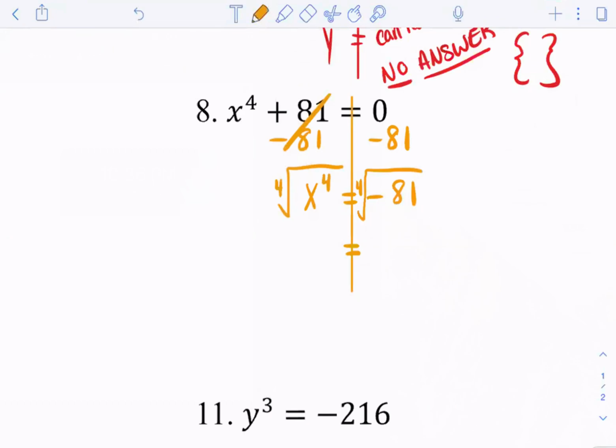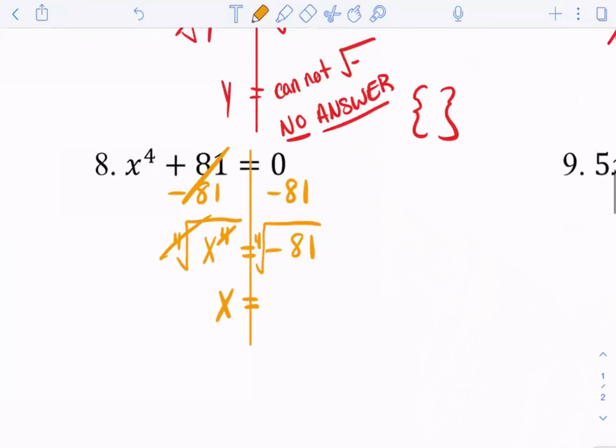So actually, this one does not have an answer. It has no answer because, and if some of you caught this, we cannot fourth root a negative number. So you cannot root a negative number if the exponent is even.